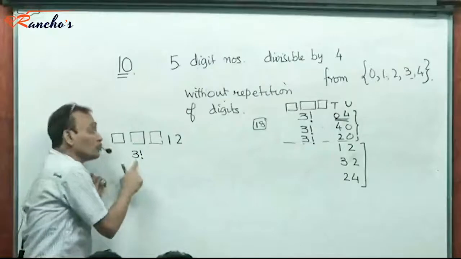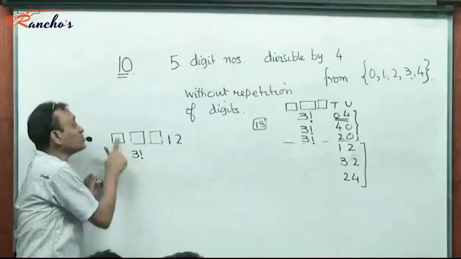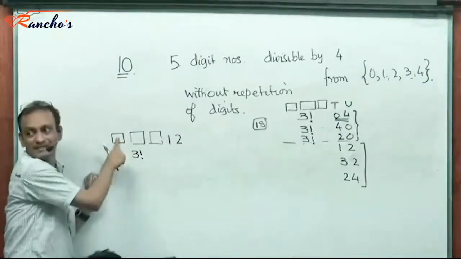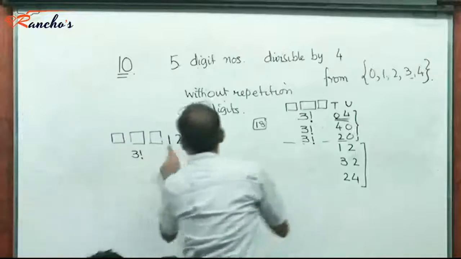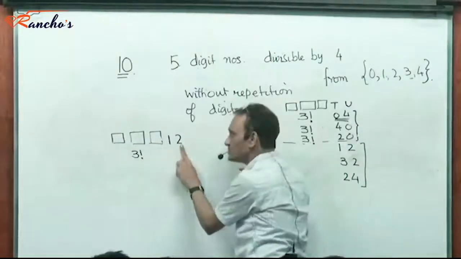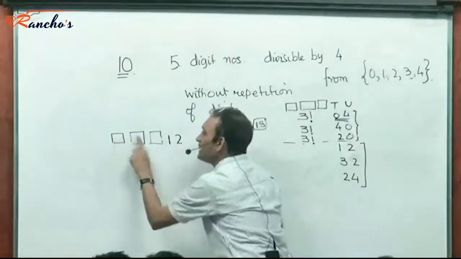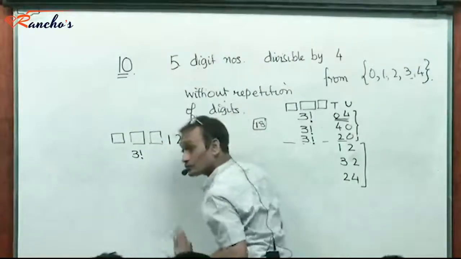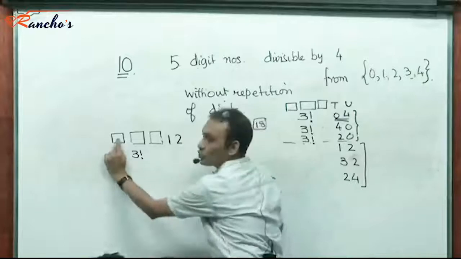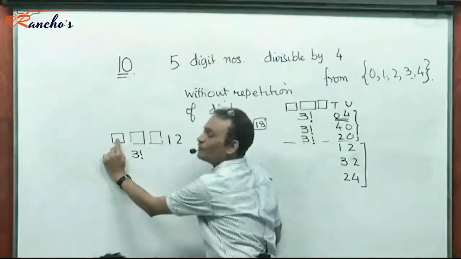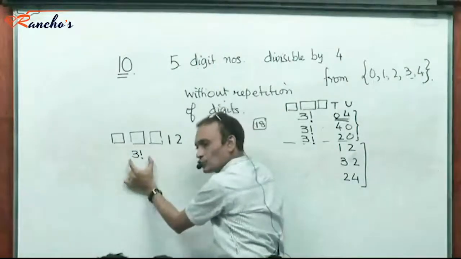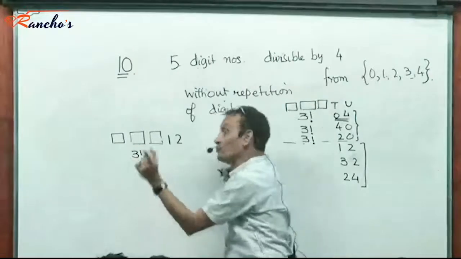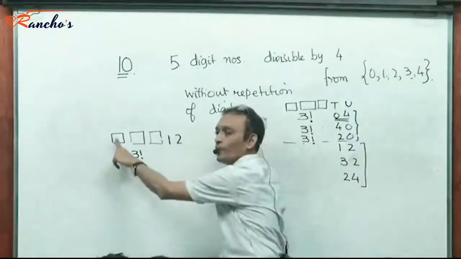But I want to exclude from these 6 cases the cases in which 0 appears in the first place. See, if I have 1 and 2 in the last 2 places, then the remaining 3 can be placed in these 3 remaining spaces in 3 factorial ways. But I can't have 0 in this place. Why? Because then it will not be a 5-digit number. So from 3 factorial cases, I want to remove those cases in which 0 appears here.